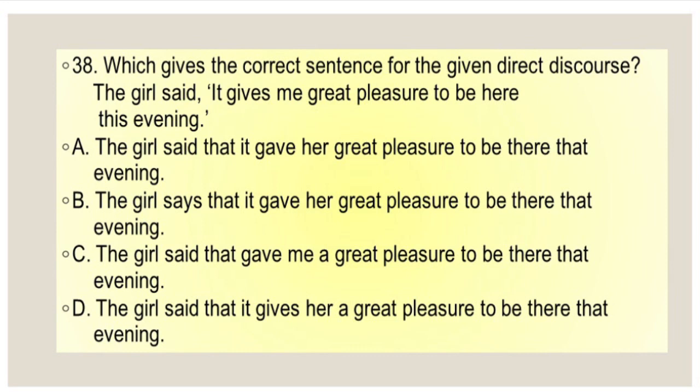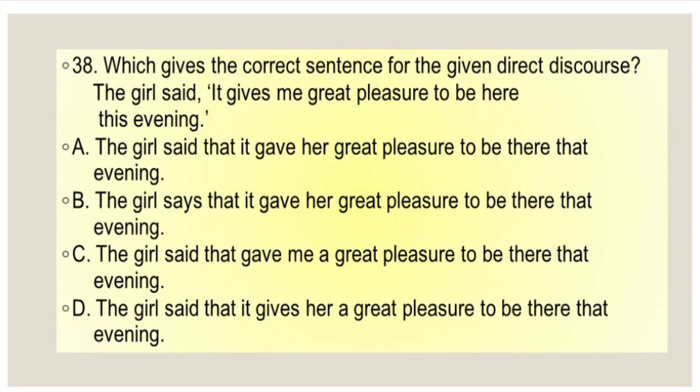Look at the options. In Alpha, the tense of the verb is changed. Gives is made gave. So let's consider Alpha. In Bravo, said is changed to says. Now this is not right. We are going to retain the tense of the reporting verb in the indirect address. So eliminate immediately Bravo.